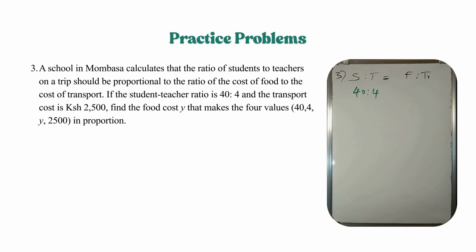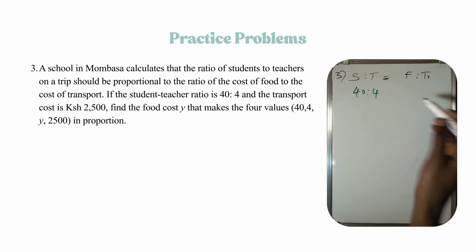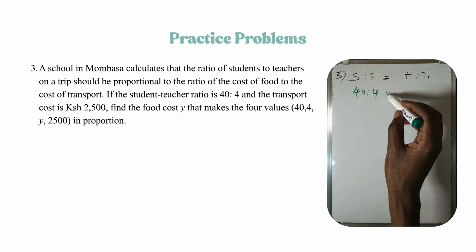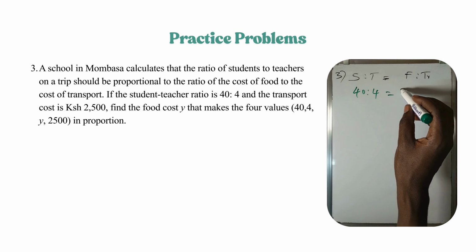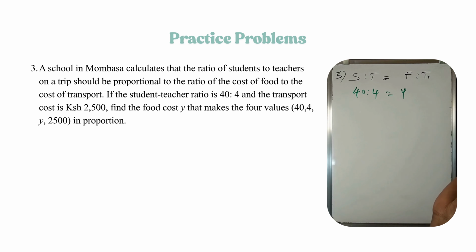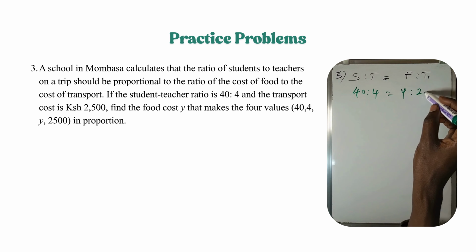And food to transport is unknown. So our unknown can be Y. Unknown can be any letter, but I've just chosen Y. So our unknown is Y to 2,500.